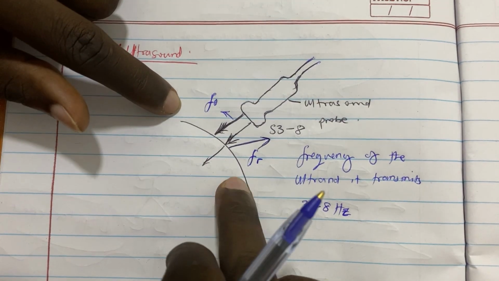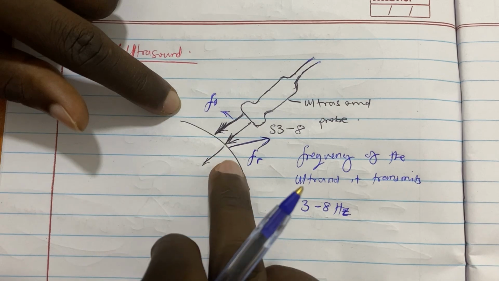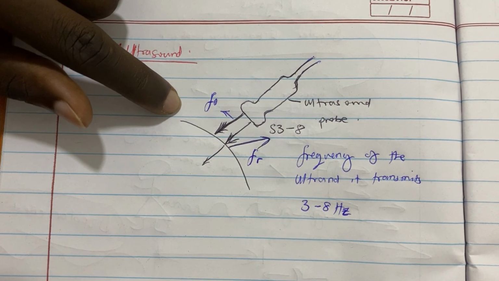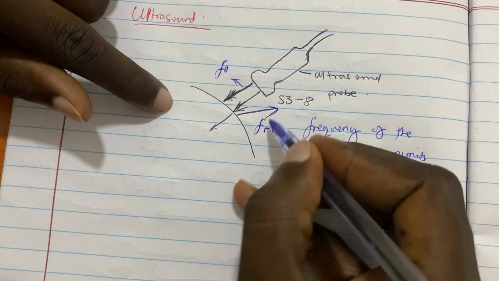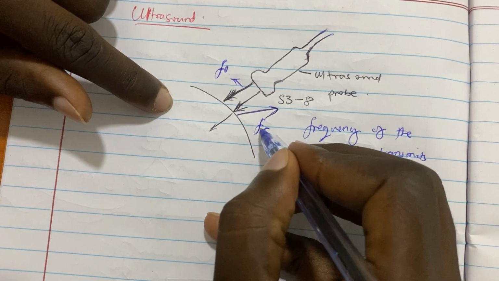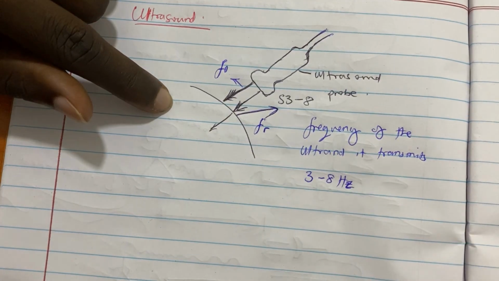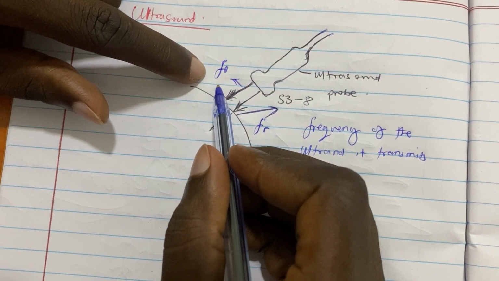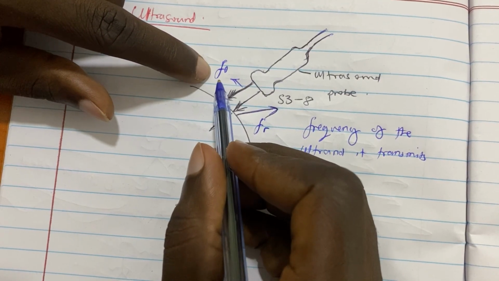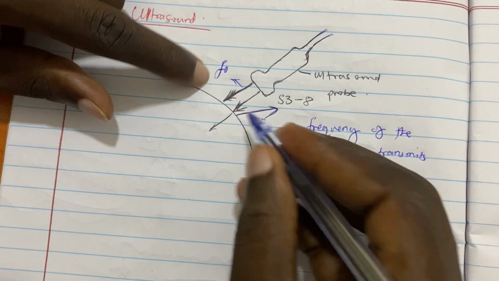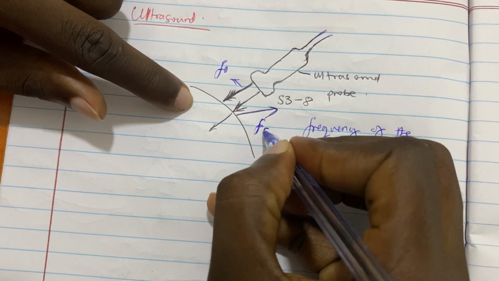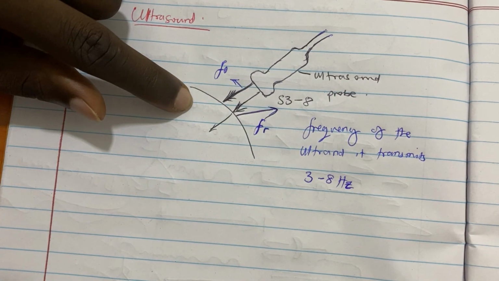When it is reflected back, it is reflected with a frequency which we call FR, the reflected frequency. Once ultrasound is produced from a probe, depending on the density of the interfaces it finds, it can be reflected, penetrate, or be absorbed. The reflected waves come back with a different frequency from that of the transmitted ultrasound, so I name them FR and F naught.